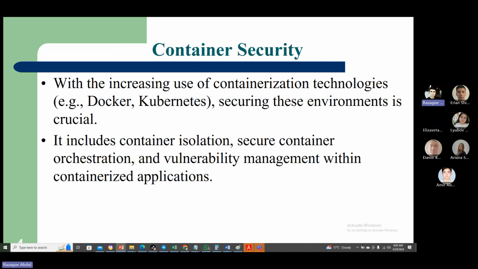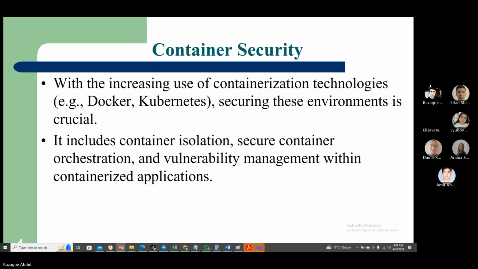Now we're going to discuss container security. In the modern era of software development, containerization technologies such as Docker and Kubernetes have revolutionized how applications are developed, deployed, and scaled in cloud environments.